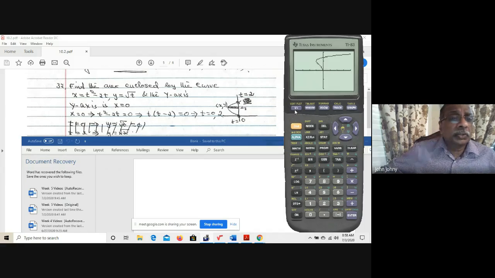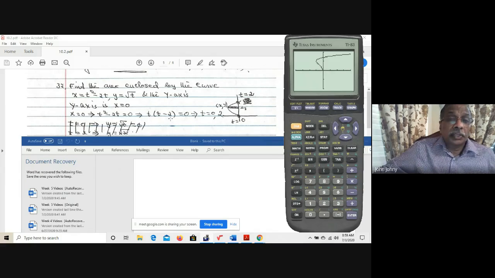Yeah, x is 0. Y-axis is x is equal to 0. So when you set x is equal to 0, t square minus 2t is 0. That is t times t minus 2 is equal to 0, means t is equal to 0 or t is equal to 2. This point t is 2.